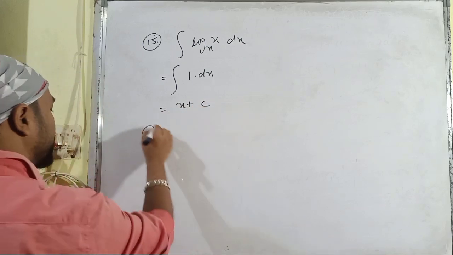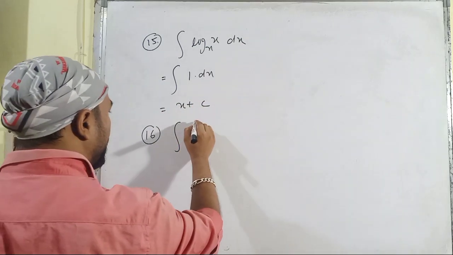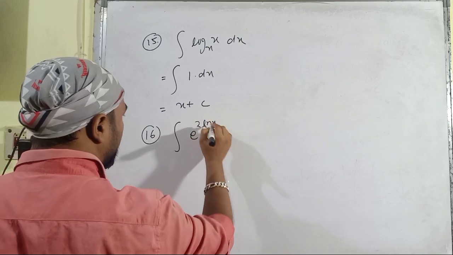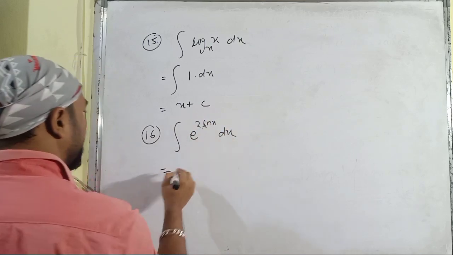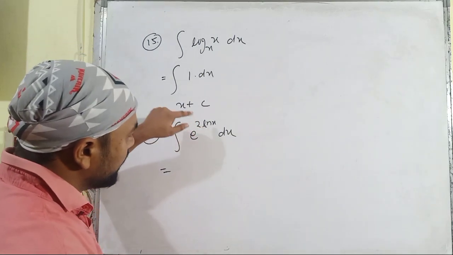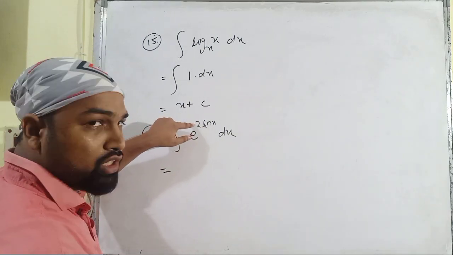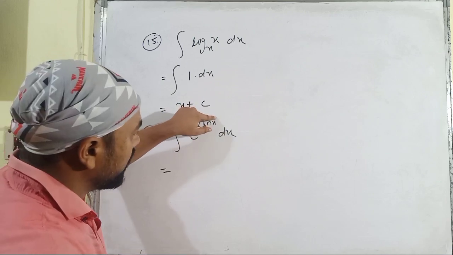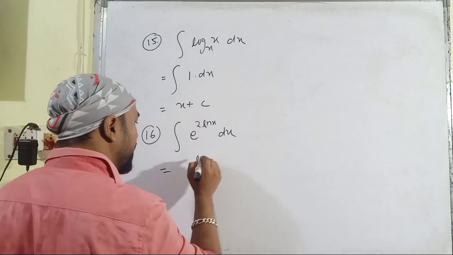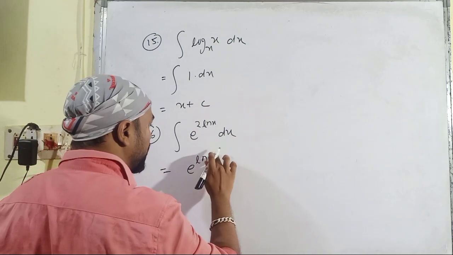Then problem number 16. Integral of e to the power 2 ln x dx. Again it is based upon the property number 2, because this constant will be carried as the power of x. So it will be e to the power ln x, whole to the power 2.